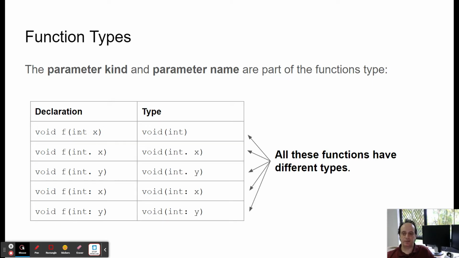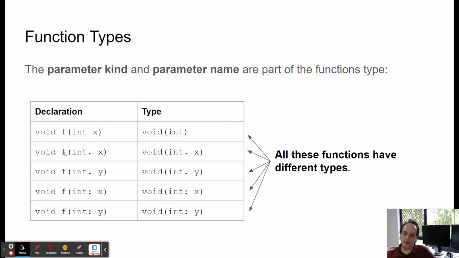The fact that this parameter is positional is part of the function type, but not the name, because positional parameters don't have significant names. So the type of this function is void taking an int, as usual.